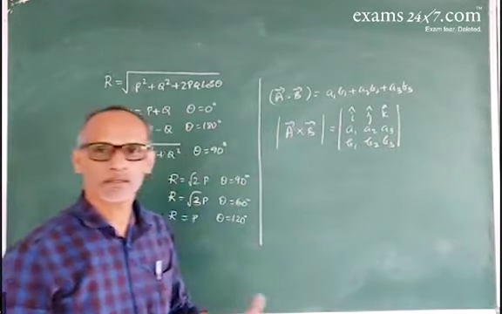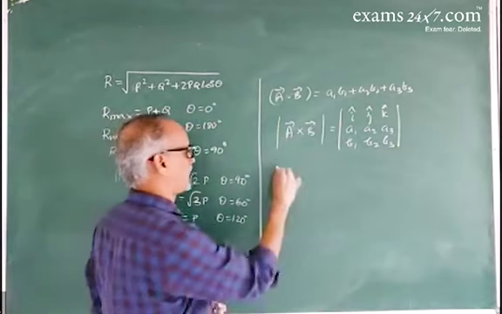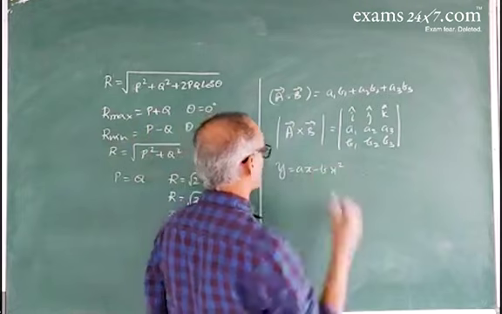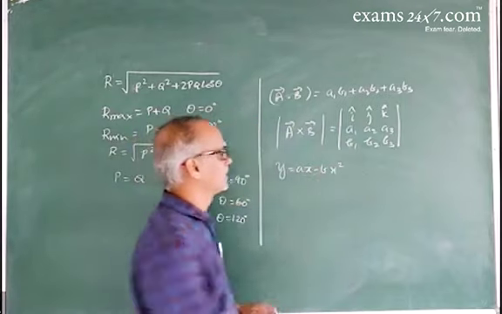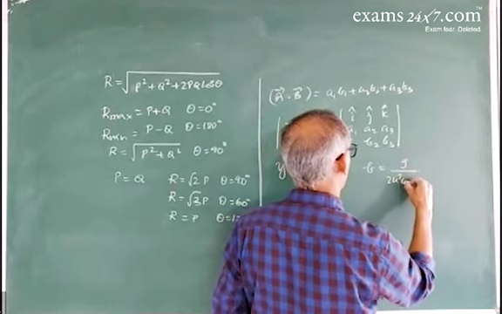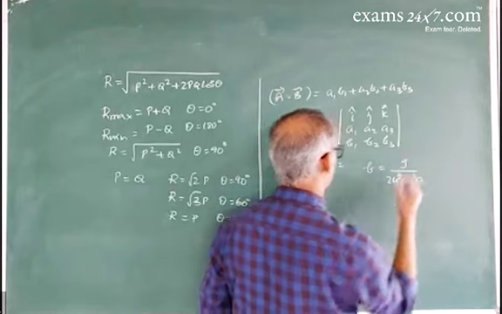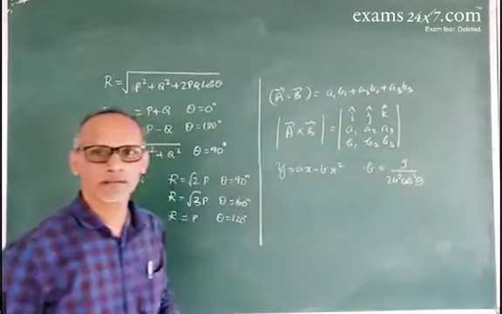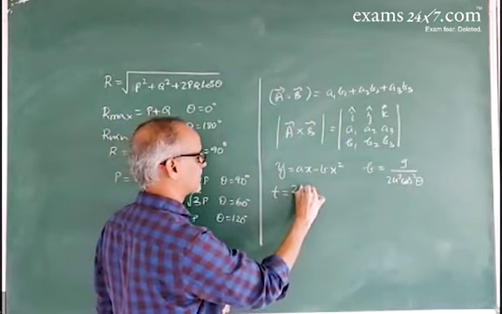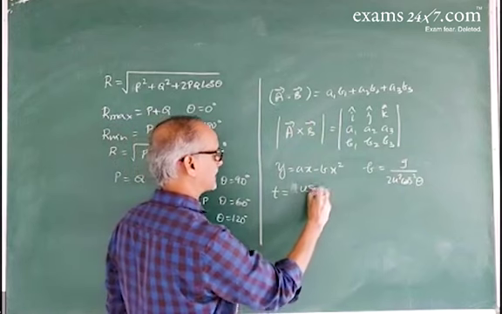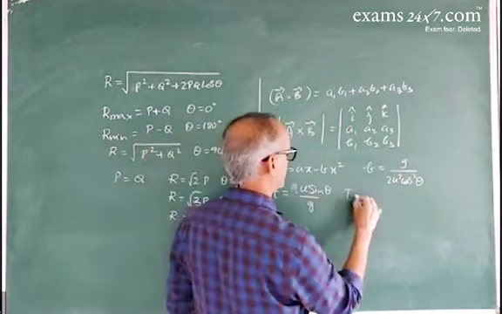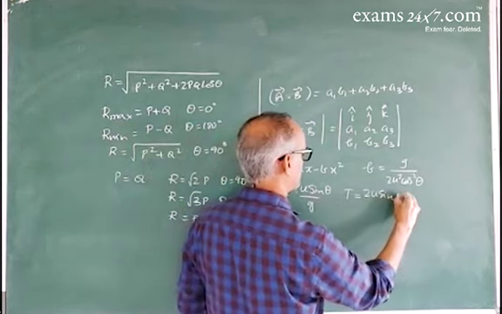The next concept is projectile motion, y is equal to ax minus bx square, where a is tan theta and b is equal to g by 2u square cos square theta. That represents a parabola. Time of ascent is u sin theta by g. Time of flight is 2u sin theta by g.